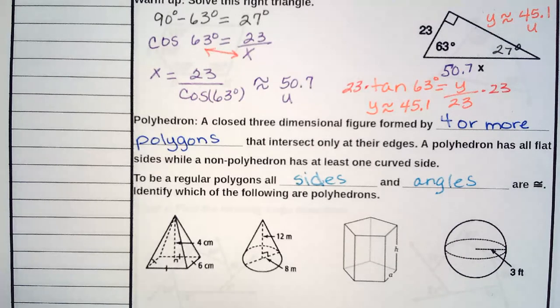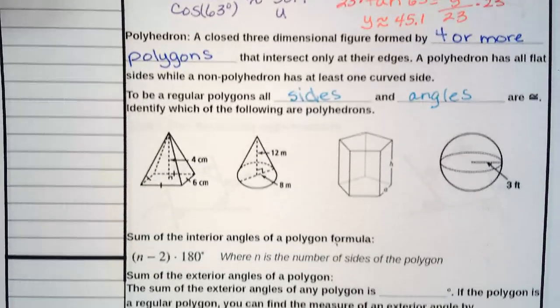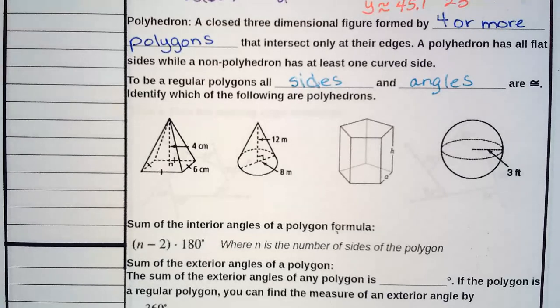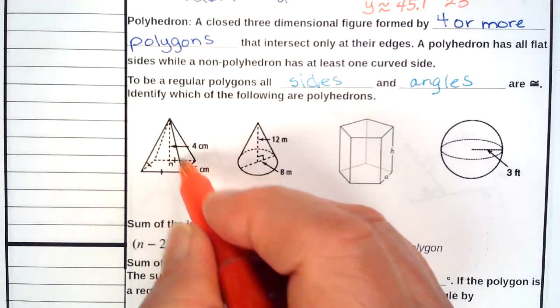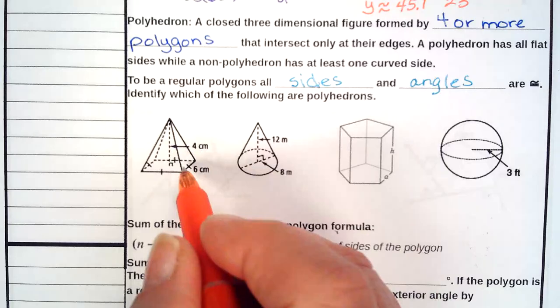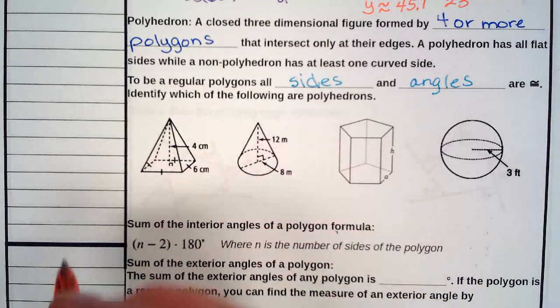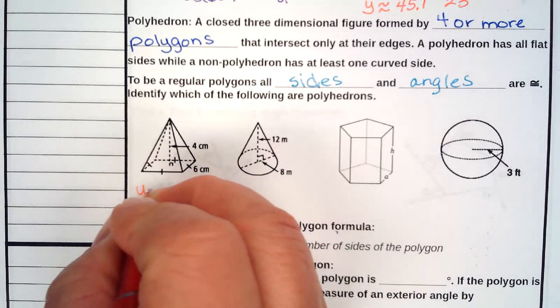So, we've looked at polygons, we've looked at polyhedrons. Which of the following are polyhedrons? What about that first one? Well, all your faces are triangles, and your base is a square. So this would be yes.